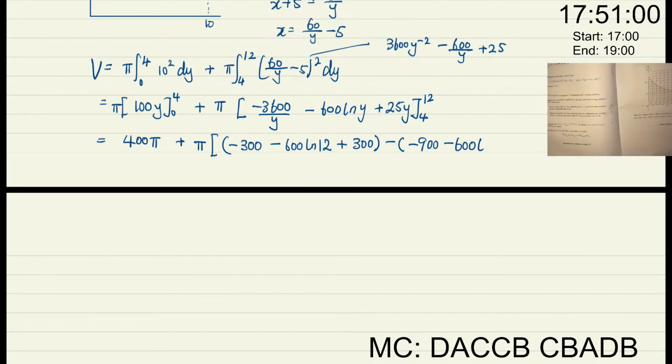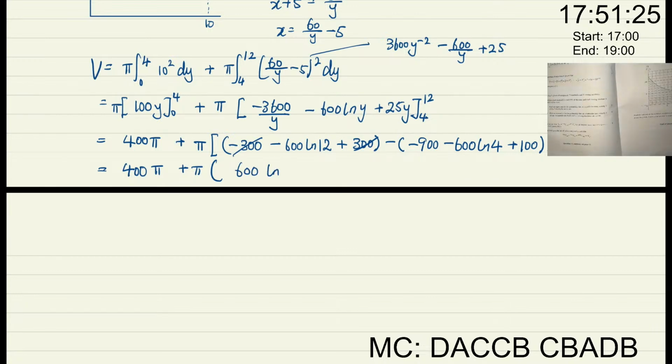As you can see, we've got some stratospheric arithmetic calculations going on here on this channel right now. So we've got 400 pi plus pi. Now the 300 cancelled out. We've got a minus 600 ln 12 and another plus 600. So we've got 600 ln 4.